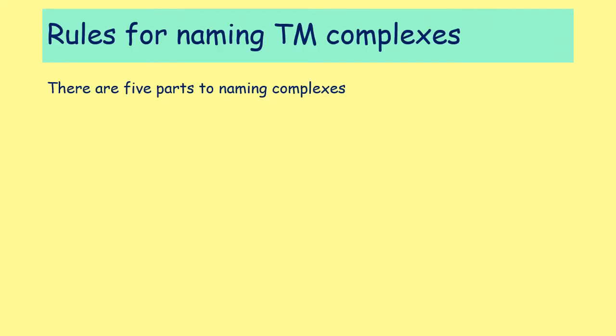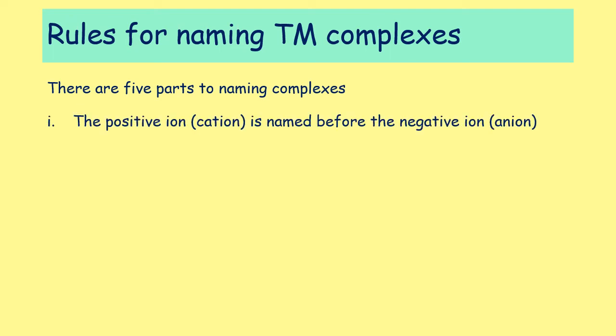So we're going to look at the different aspects and rules for naming transition metal complexes. There are going to be 5 parts to naming complexes. The first rule is only applicable when the transition metal complex is part of a compound. Transition metal complexes can either be positively charged, neutral, or negatively charged.